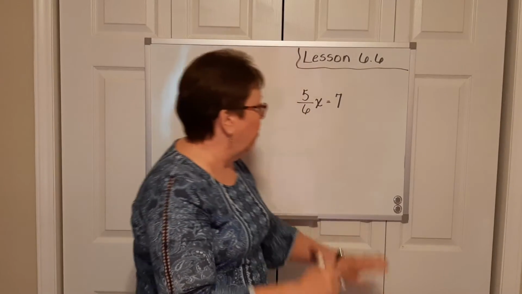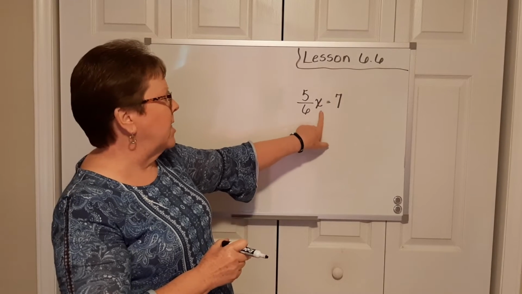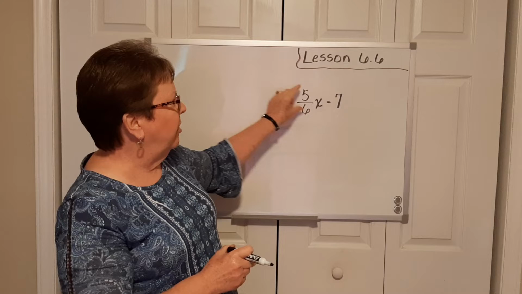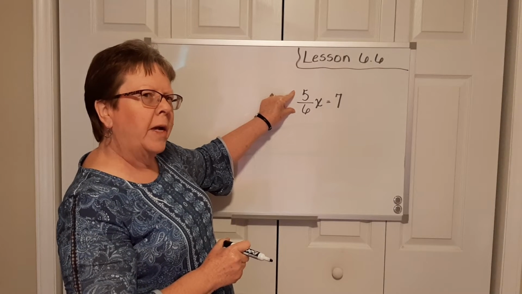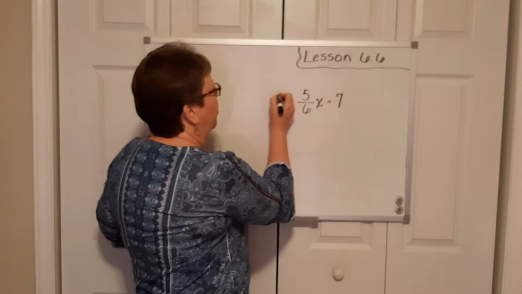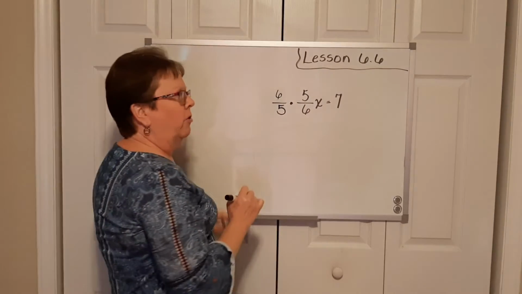All right, let's look at this one. 5/6x equals 7. Our goal again is to get the x on this side of the equation by itself, which, since we have a fraction here, we could multiply that fraction by its reciprocal, which would be 6/5. You say, what's a reciprocal?